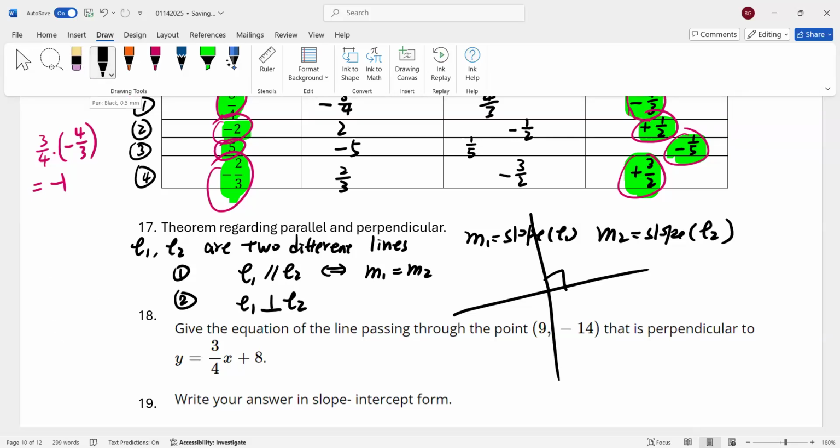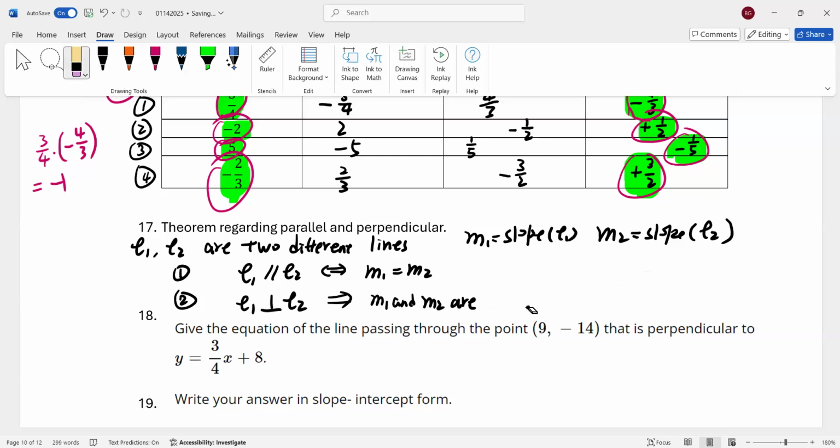If two straight lines are perpendicular, then their slopes are opposite reciprocals of each other. In other words, M1 times M2 equals -1.